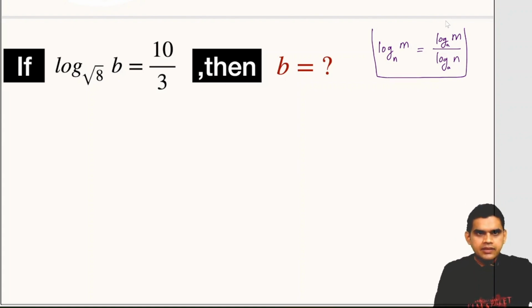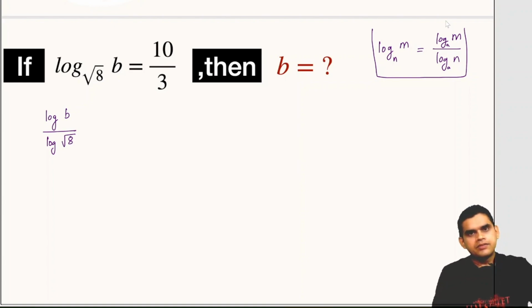So this we can write as log b over log root 8, and we can choose any base. Let us take the base as 10. We can do that. The right hand side is 10 over 3, let it be as it is.